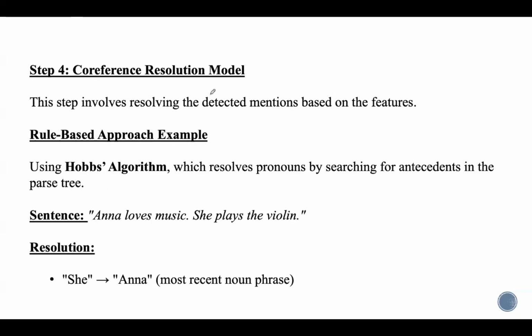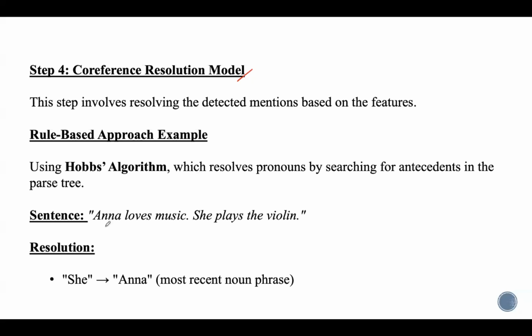And step 4 is the coreference resolution model. At this stage, an algorithm determines which mentions refer to the same entity. For the rule based approach, Hobbs' algorithm, which uses syntax tree traversal to find antecedents, is used here.